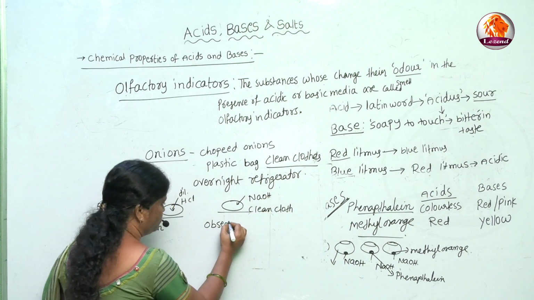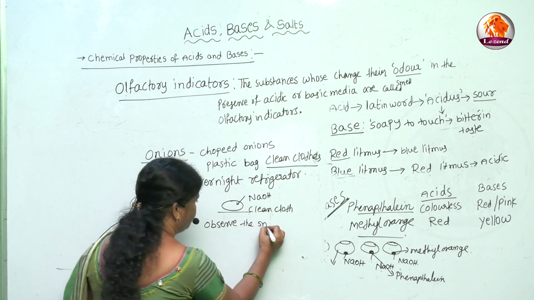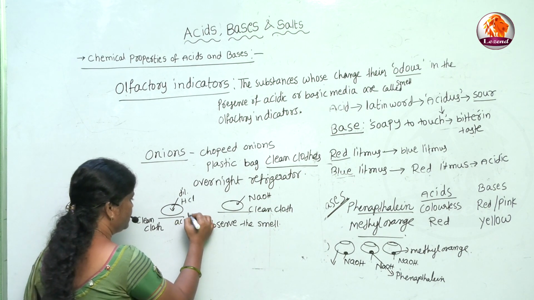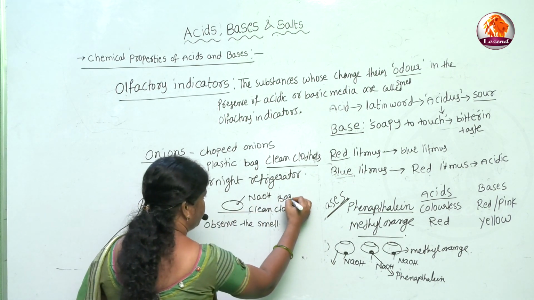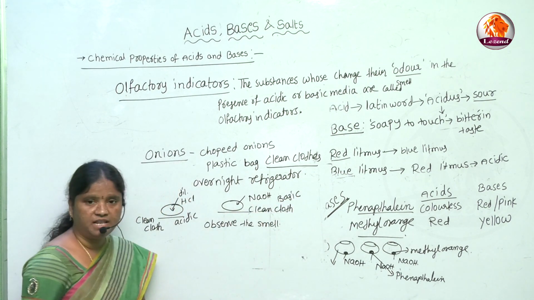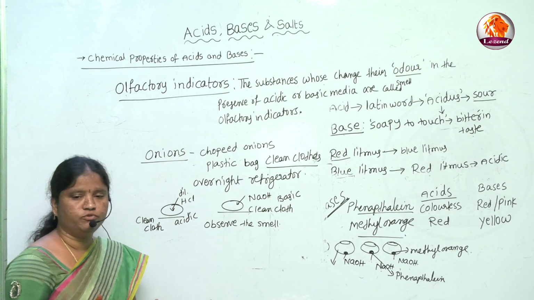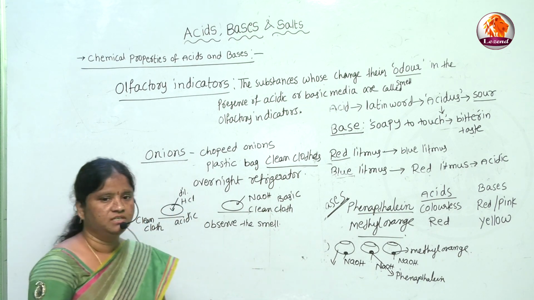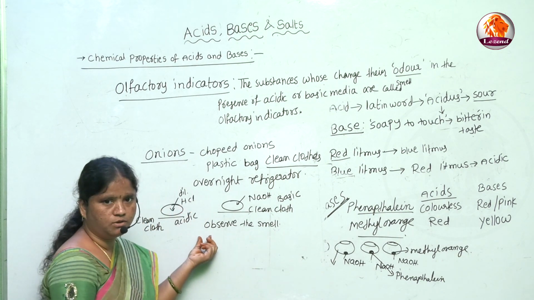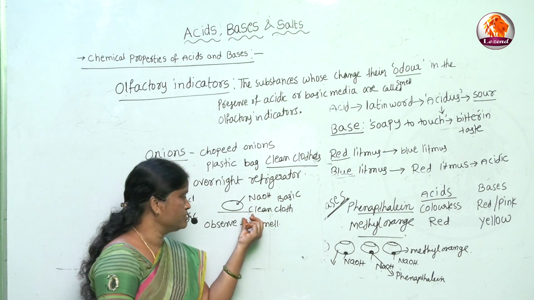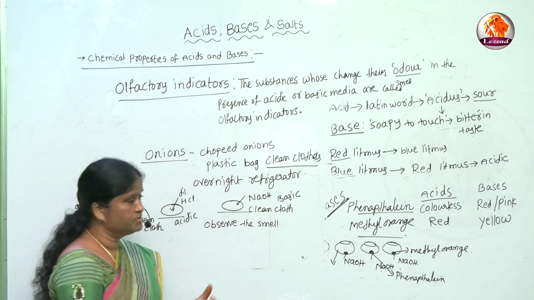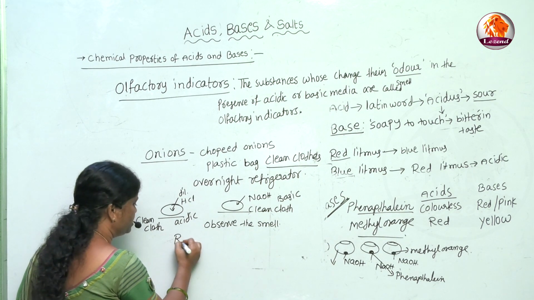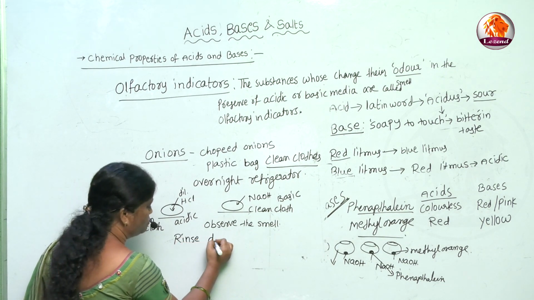We have to observe the smell of the clean cloths in acidic and basic media, after removing them from the chopped onions, and rinse these two clean cloths with distilled water.